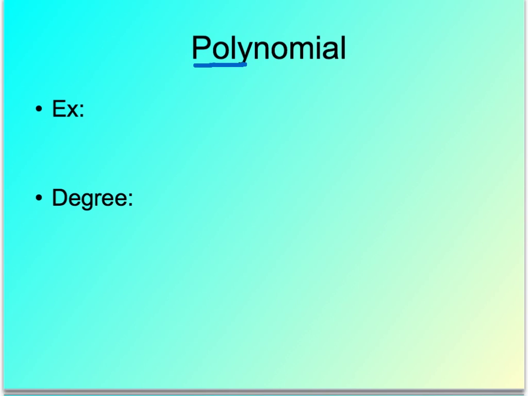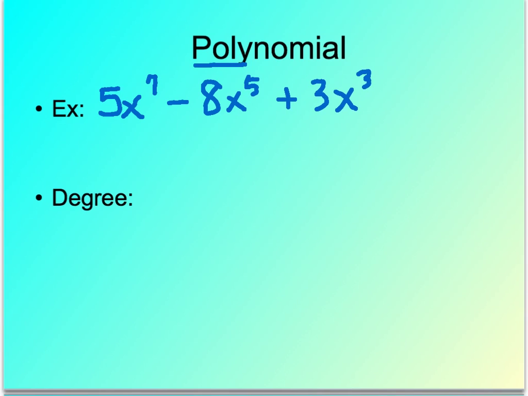So an example of one would be 5x to the 7th minus 8x to the 5th plus 3x to the 3rd minus 8. Since there are 4 terms, instead of calling it a quadnomial or something, they call it polynomial. The degree is the highest exponent.